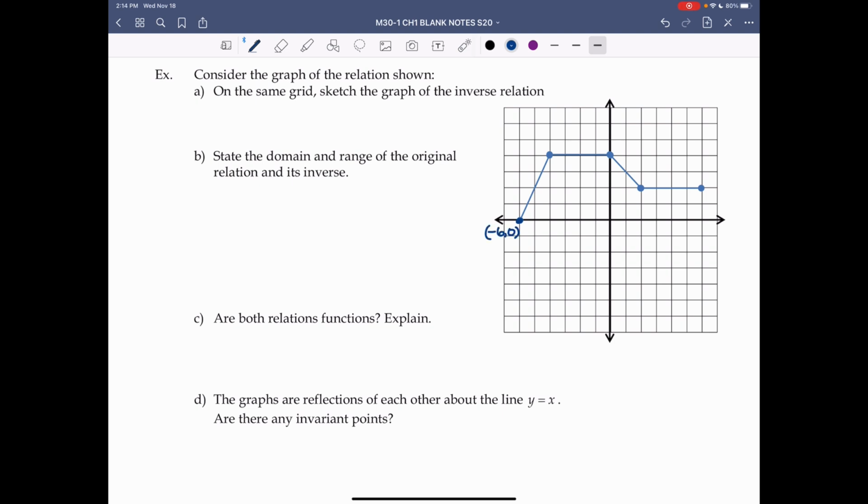So the point on the inverse function would be (0, -6), which would be there. Then this point on the original function is (-4, 4). Switch the x and the y, that gives us (4, -4) for the inverse relation.